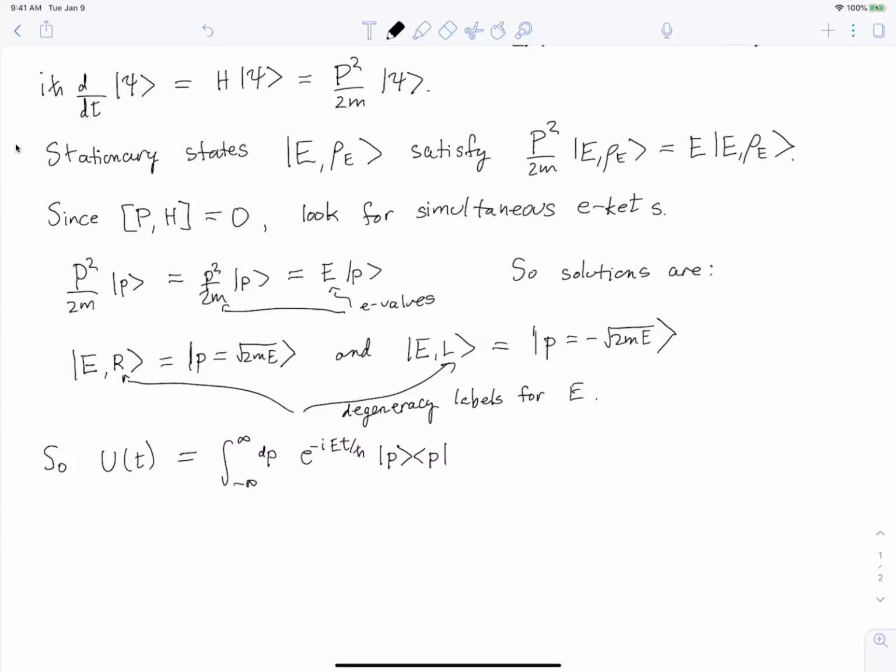I could just as easily have integrated over energy, but then I would have had to include two terms, one for right movers and another for left movers. If I split it up by momentum rather than energy, then I only have to write one |p><p| term. Then there's the phase factor that makes it not equal to just a completeness relation, which would give 1. And then finally, there's this integral. Notice that because momentum is continuous, we have to do an integral rather than a sum.